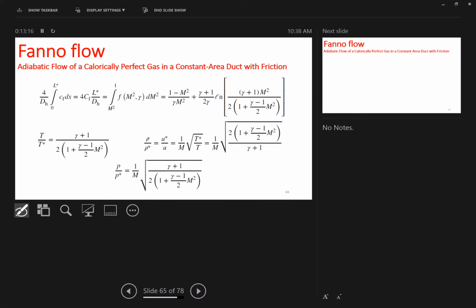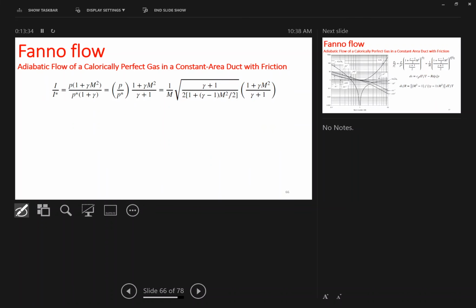You always have to keep in mind that you're taking the integral with respect to m squared, not m. Right, so your independent variable here is m squared, which is going to make everything a little bit easier.